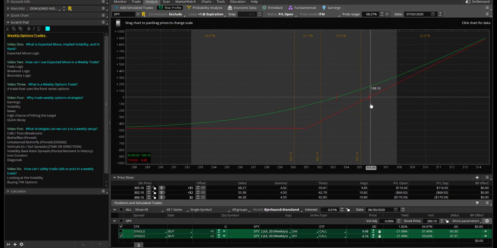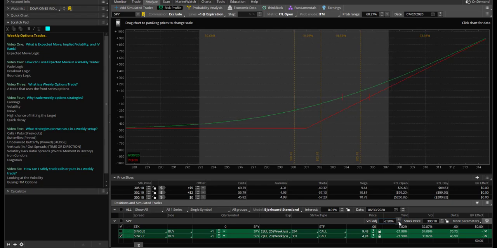Look how far away that break even is, 305.75. We've got to get price way above that. And if we get vol crushed along the way, this green line, guys, it's going to get you. I want to start moving this, and I want you to see how, as I'm decreasing the volatility in this trade, I'm vol crushing this thing, and it's like slow motion. That line is just sinking lower and lower.